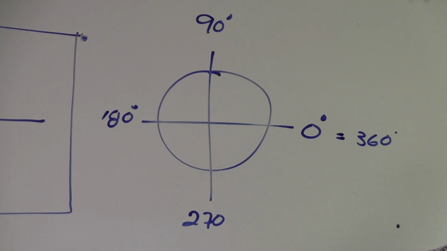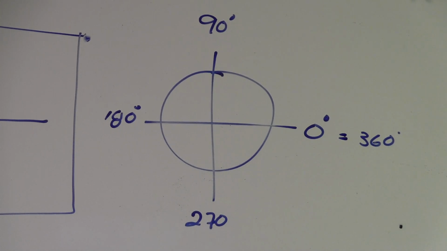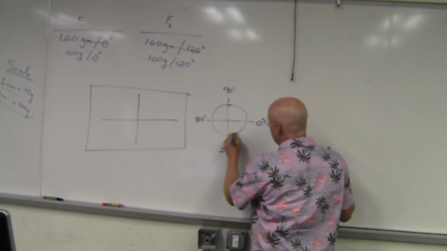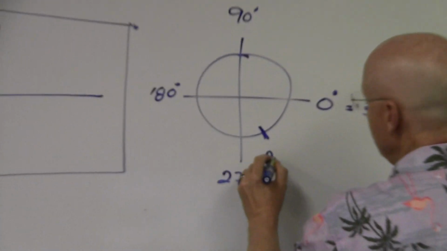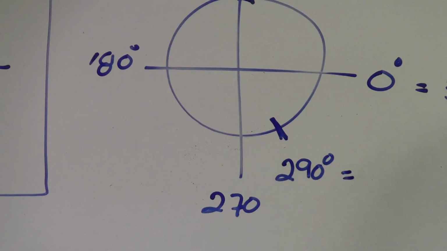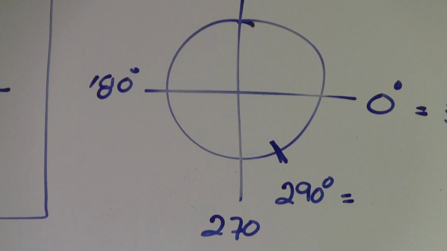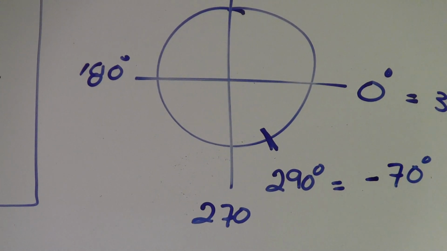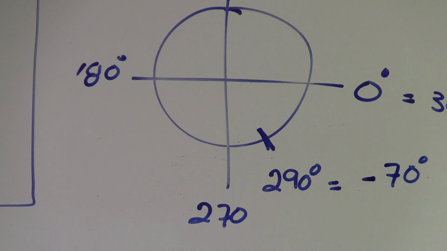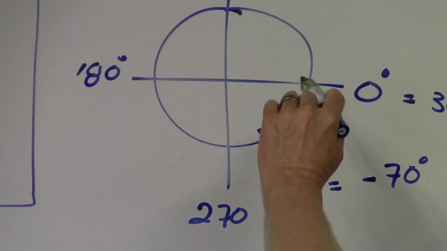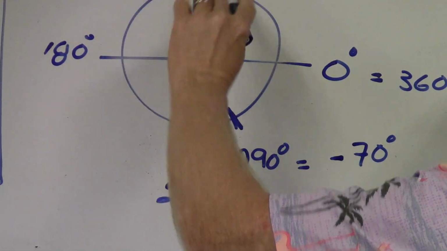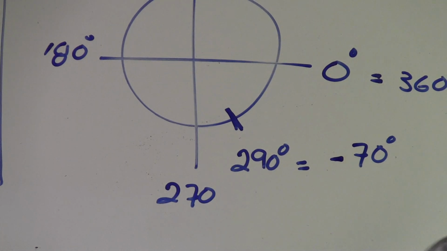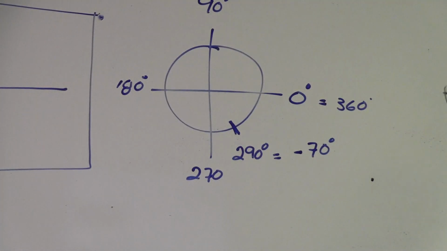Now, one of the ones I know students have challenges with is number 3 here. And so let me point out that 290 degrees is actually the same as negative 70 degrees, okay? So we could go positive or negative. So clockwise is negative, counterclockwise is positive, okay?